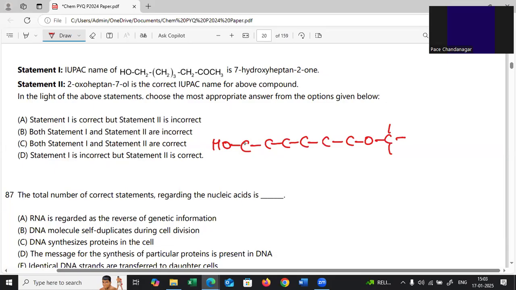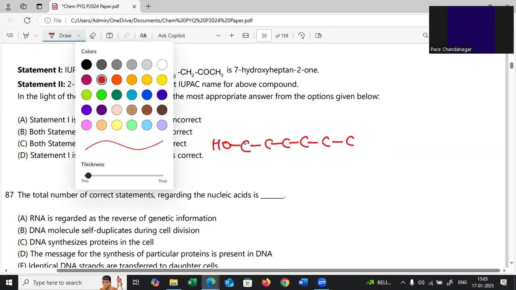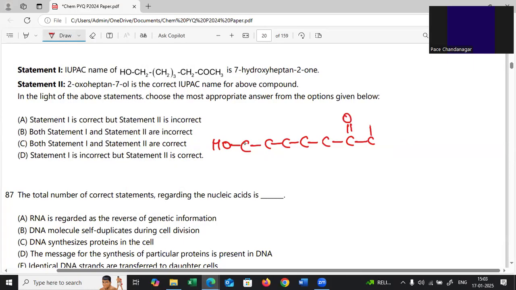No, it is only CO, sorry. There is no CH2. So it would be a ketone, COCH3: C double bond O and then CH3. This would be a ketone, definitely.